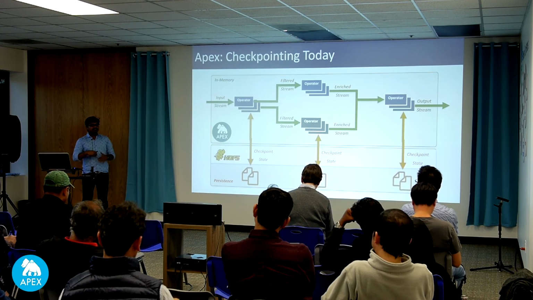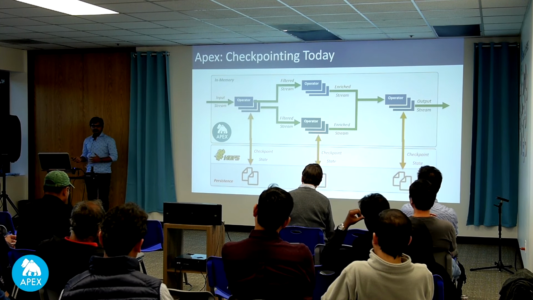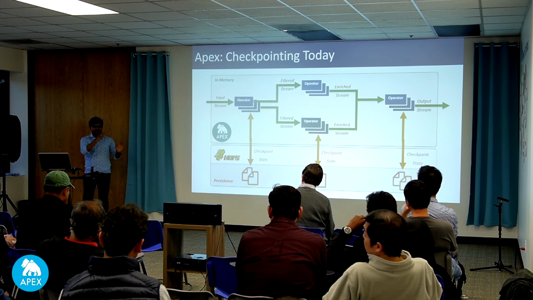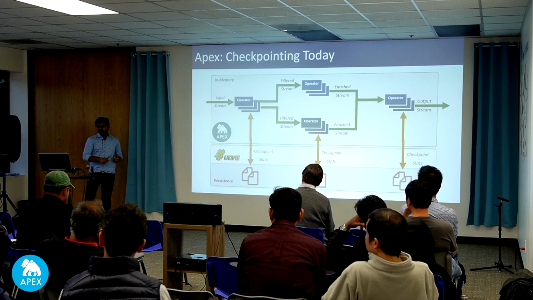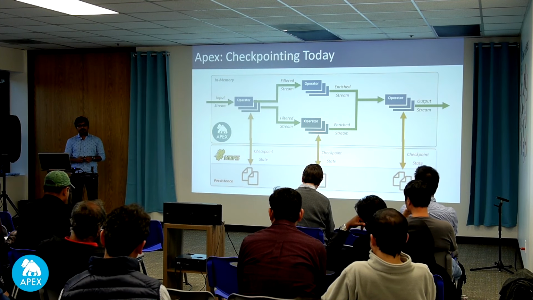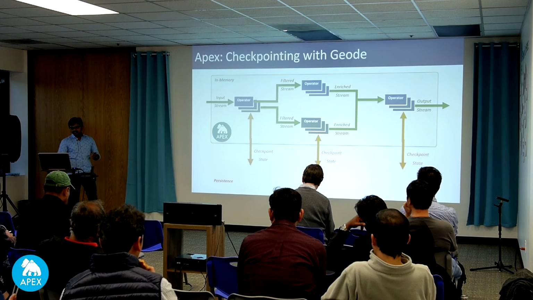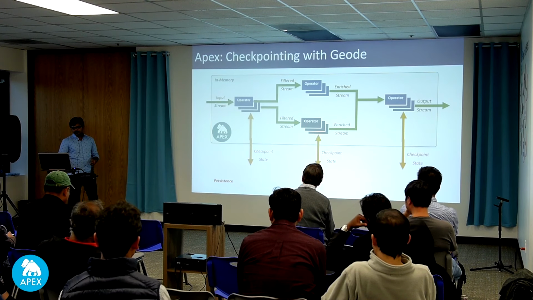If your HDFS writes are slow, or you have fairly large applications doing a lot of checkpointing, it can slow down the entire application and impact its performance and latency. So what we propose, since there are efficient and fault tolerant in-memory data grids like Geode, is why not use Geode to checkpoint object state instead of HDFS, moving to an in-memory technology.